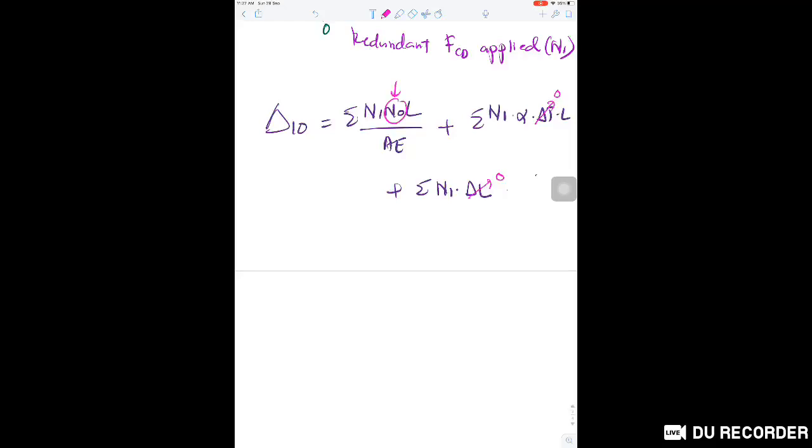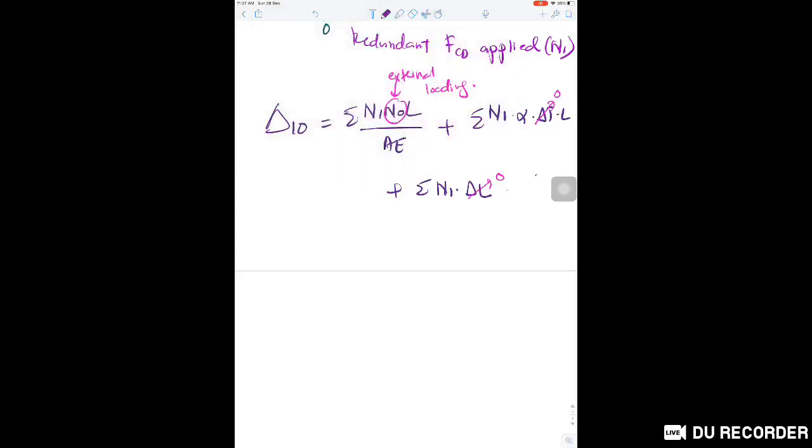This is due to external loading. Okay, however, when the effect of temperature and fabrication error need to be counted, we have to consider all together to determine the deflection in primary truss.